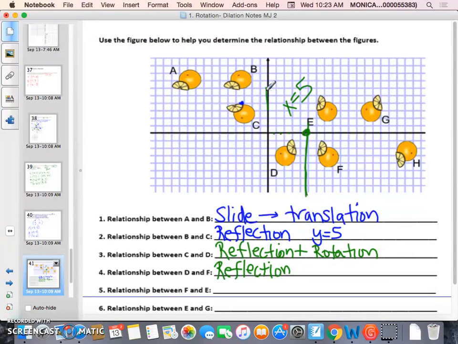So it'll be a reflection of x equals 5. And then you can go ahead and look at the relationship you think between F and E, and the relationship between E and G. See if you can figure those out on your own.